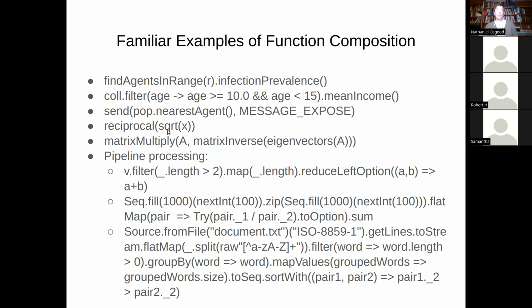And similarly, when we have composition by nested calls, so we call square root and we take the reciprocal of that square root. If square root encounters a problem, maybe we take square root of -1, and then if it were to return some return code, then we can't take the reciprocal of that return code. We're counting on it being a value, a double precision value.